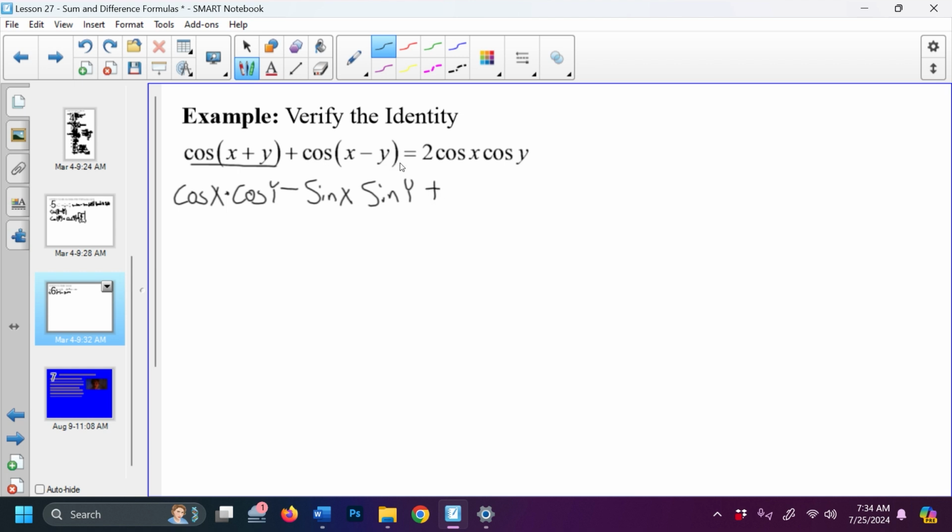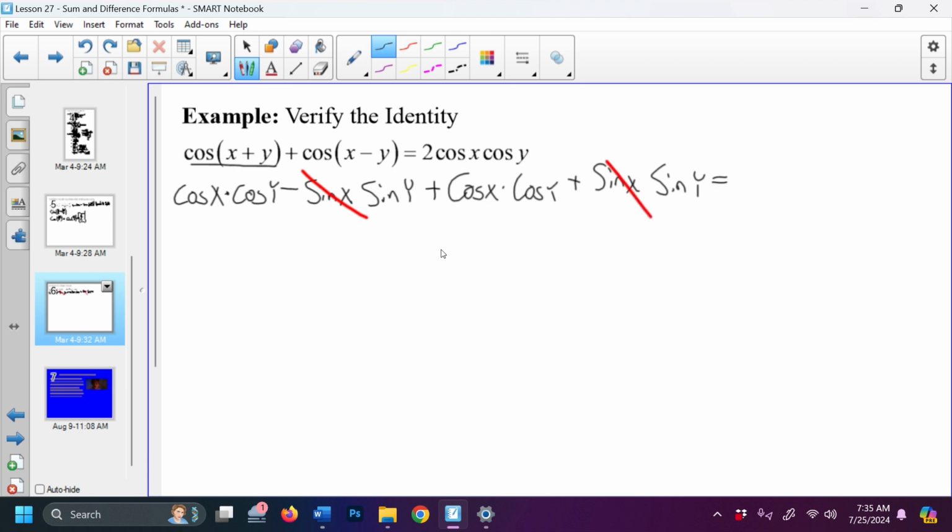I'll do the same expansion with the difference here. And we'll have cosine x times the cosine of y. And this time it'll be plus the sine of x sine of y. And we see pretty quickly that these two cancel.